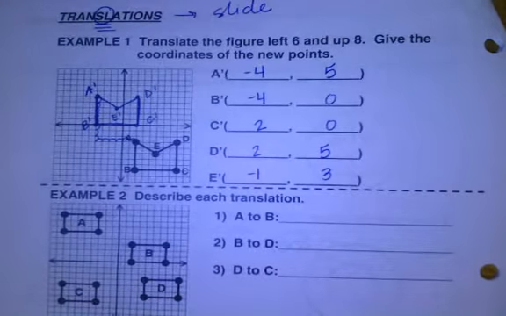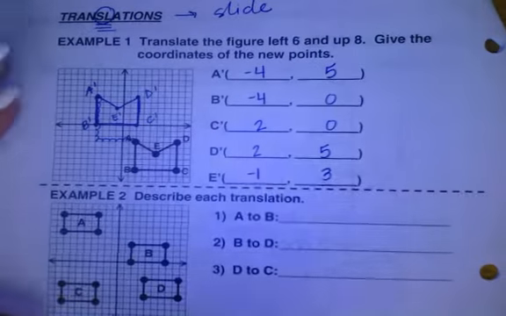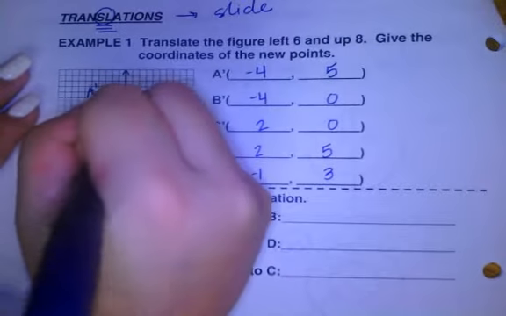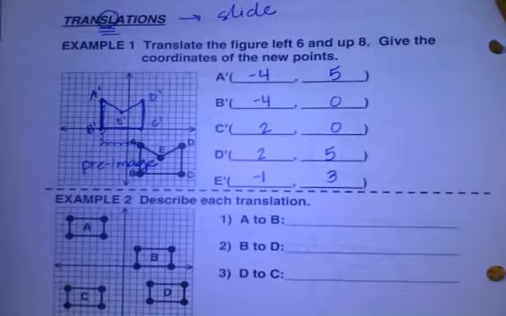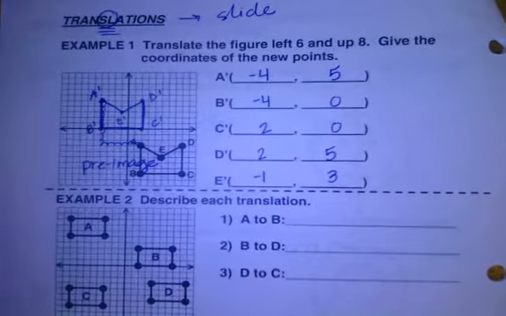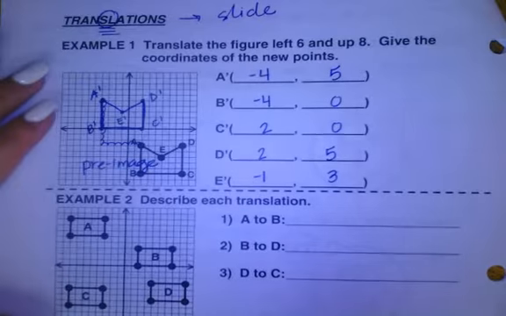Okay, some vocab. What do we call the original image that we start with? What do you call the picture that you start with? I heard it somewhere. Pre-image. Okay, so your pre-image is there. And what do we call our figure after we have translated it?